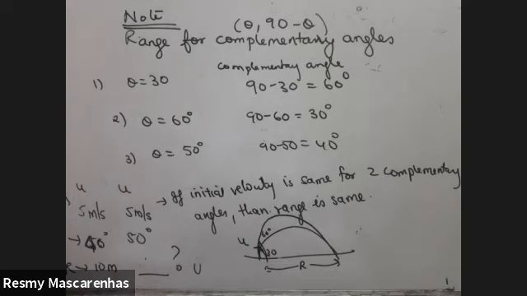How much range will the ball cover if thrown at the same speed but with 50 degrees? In this case, you know that the angles are complementary to each other. So in this case also it will be 10 meters. You add the angles here; if the sum is 90, then no need to calculate. If this is 45, this should also be 45.